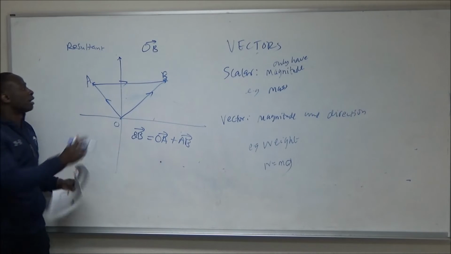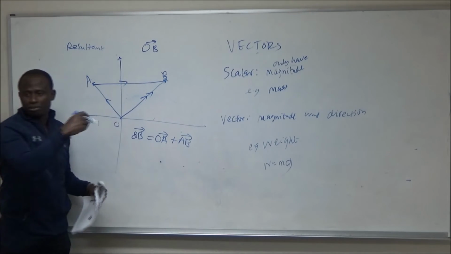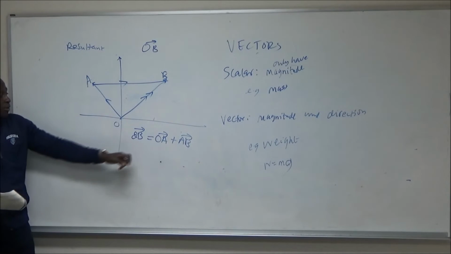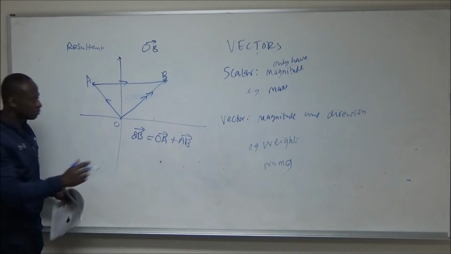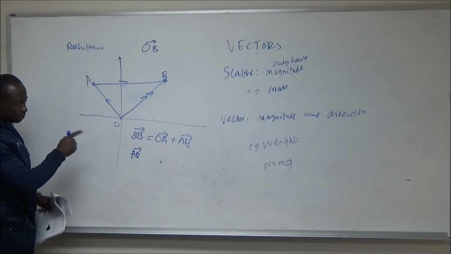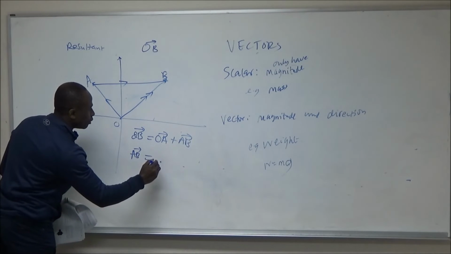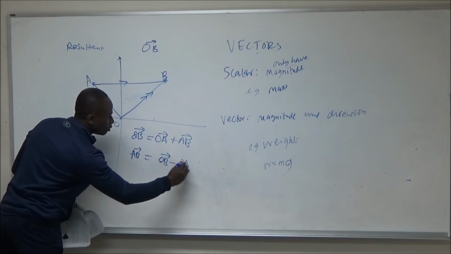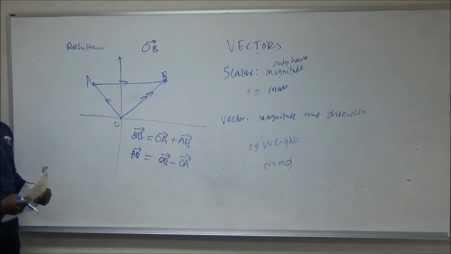So this one I call my resultant, usually with double arrows. That's where I want to go. There are many reasons why this could happen. So I can write the formula for this. So AB, vector AB, this is a general formula, is simply what? OB minus OA. See that?